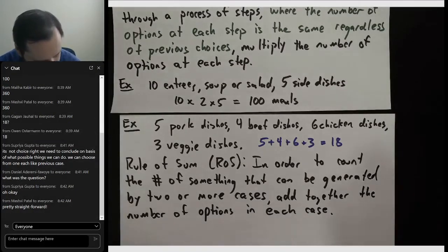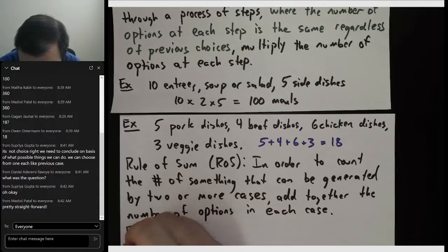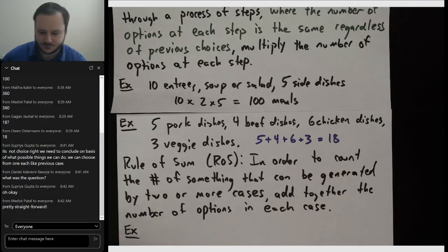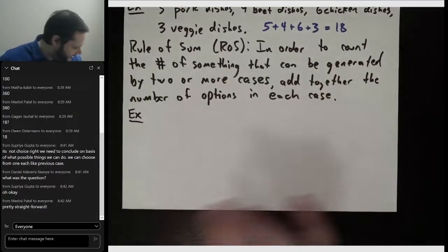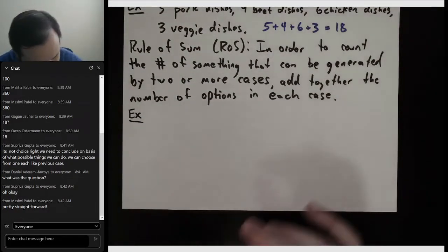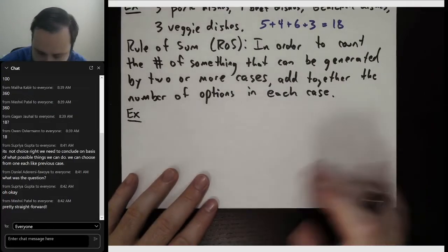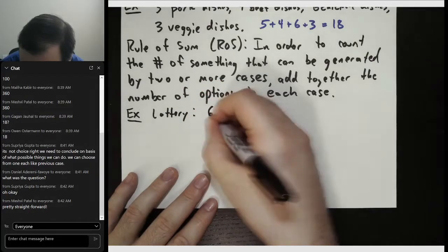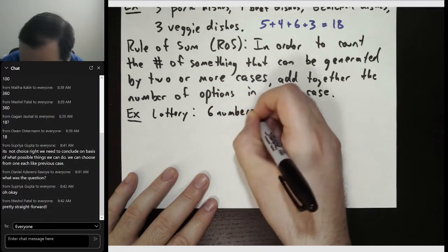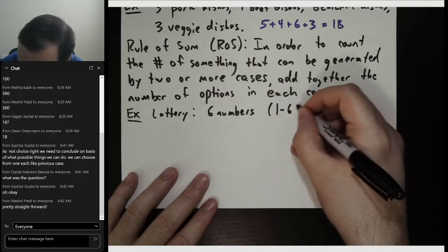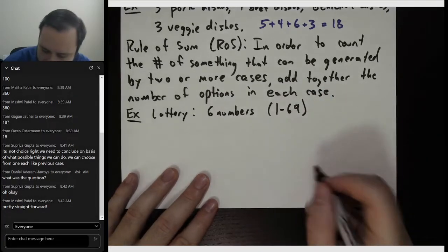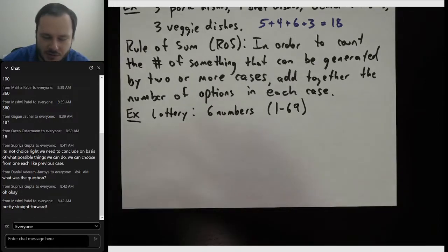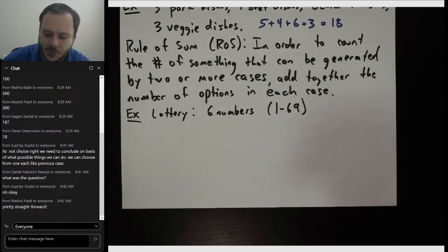So another example, this one not food. So suppose you want to play the lottery. And the way that this particular lottery works is you pick 6 numbers. Each number can be 1 through 69. And I want to know, given a particular lottery number, so they pick out the winning numbers.